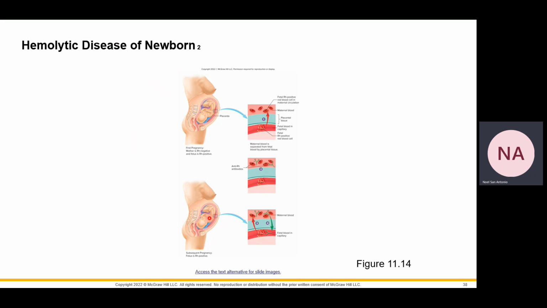Kawawa yung fetus, kasi yung antibodies nung nanay aatakihin yung kanyang blood. Kaya yung kanyang red blood cells madaling mag-undergo ng hemolysis. Kaya ang tawag doon, it's the hemolytic disease of the newborn.